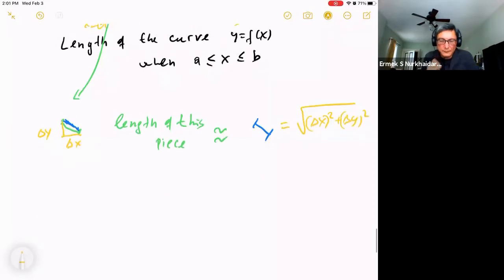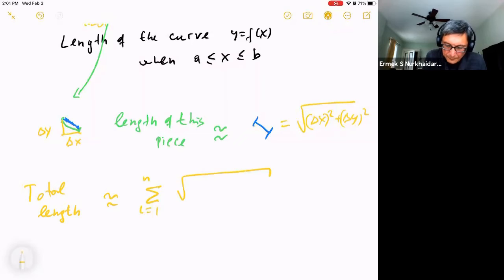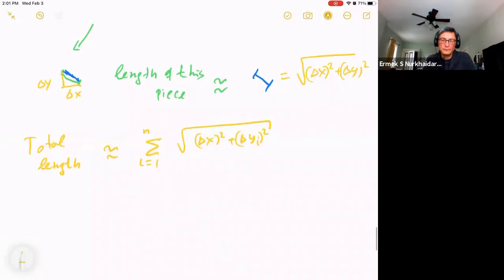So we got the following: the total length is going to be approximately equal to the sum, i from 1 to n, of square root of delta x squared plus delta y, i, squared. So that is the approximation for the total length.